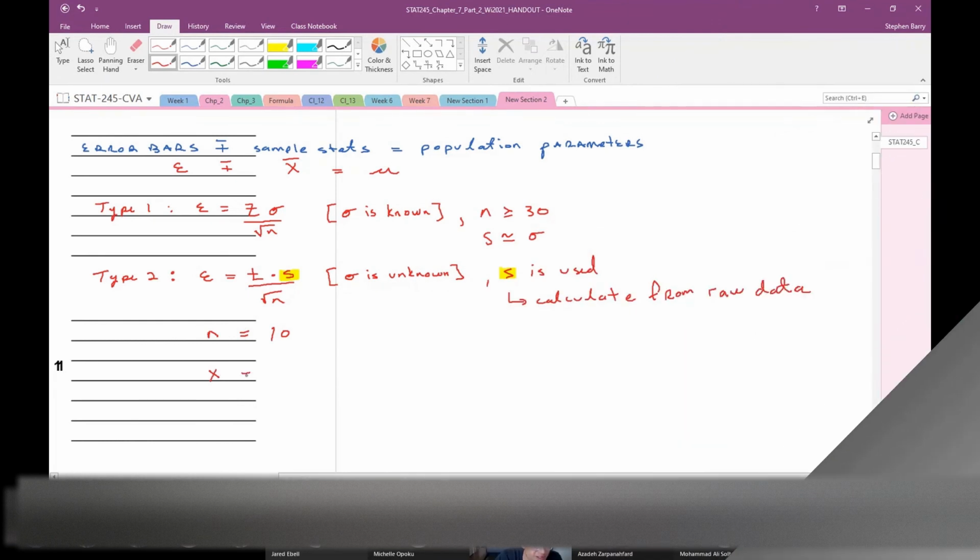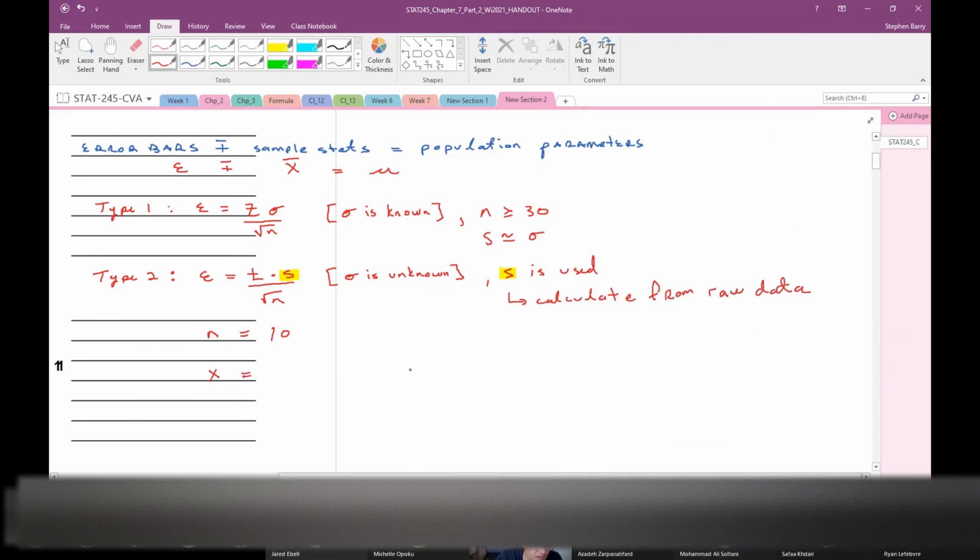So let's continue on with the NASA O-ring example. Let's say you're developing some sort of new O-ring for your space shuttle. The fail temperature of your first batch is, let's say, 12 degrees Fahrenheit. You have 13, and you do 10 of these, 9, and so on and so forth.